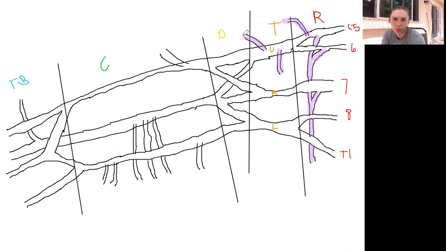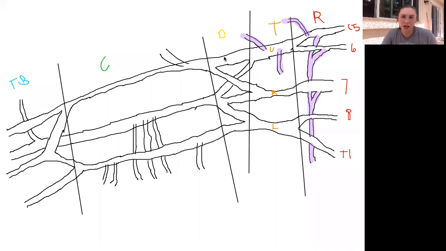And then we have the suprascapular nerve right here branching off of the upper trunk as well, and that supplies the infraspinatus and then the supraspinatus. And that is it for the branches of the trunk.